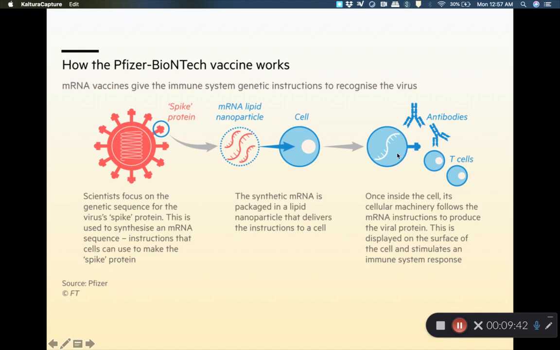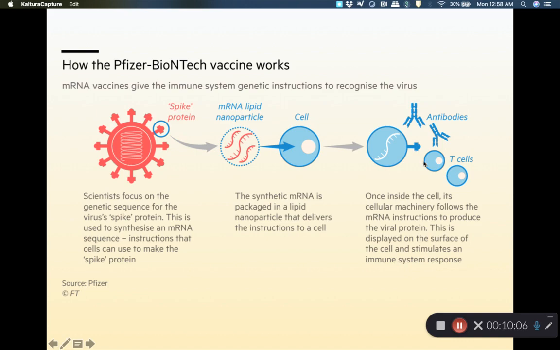So the cell will start to express this spike protein, and our bodies will go and say, oh, what is that? That's strange and different, even though it's missing the virus itself. It's just the expression of this spike protein. Our bodies can start to create antibodies to this specific protein.